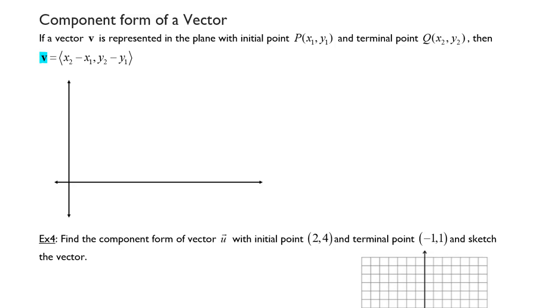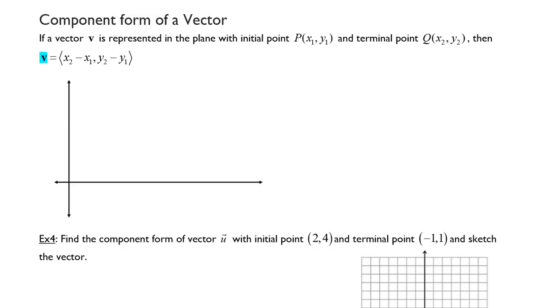So v is equal to the pointy bracket, x sub 2 minus x sub 1, comma, y sub 2 minus y sub 1. Notice we're taking the terminal x coordinate and subtracting the initial x coordinate, and likewise with the y's, we're taking the terminal y coordinate and subtracting the initial y coordinate.